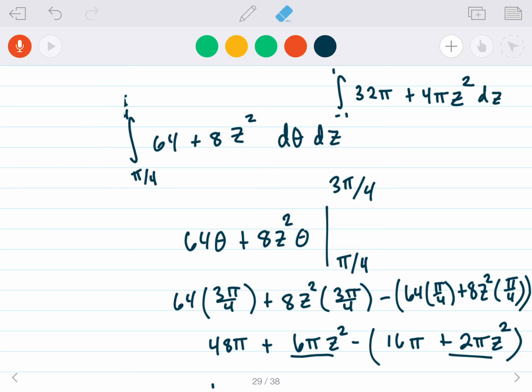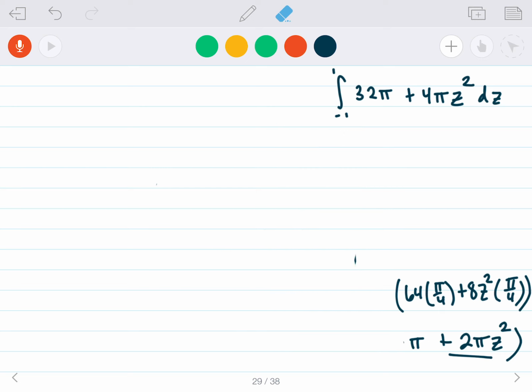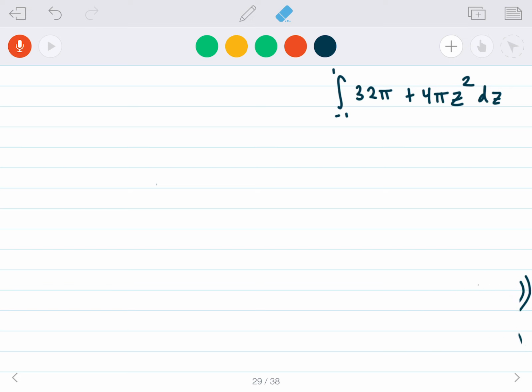And I'm going to erase some of this stuff so we have some room here. Okay, so with respect to z, I'm going to get 32 pi z plus 4 pi z cubed over 3, and we're going from -1 to 1.